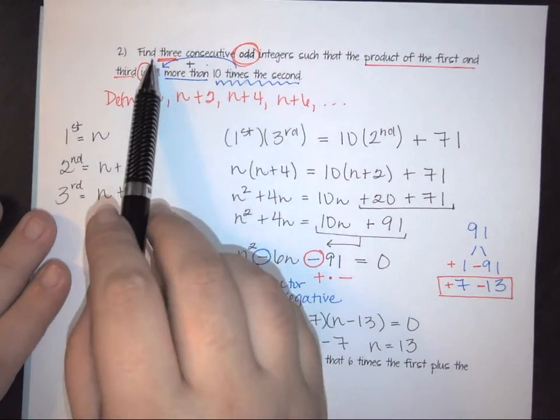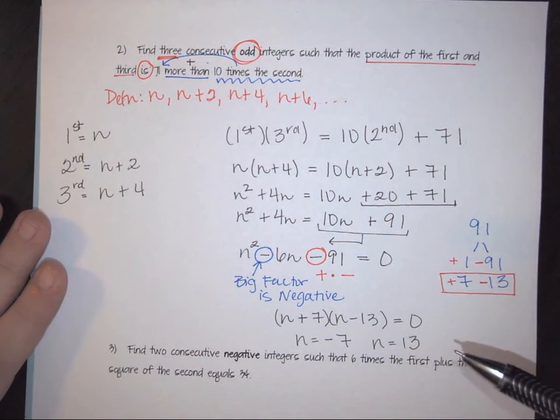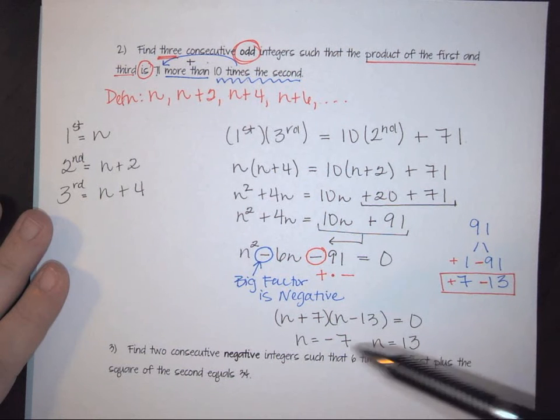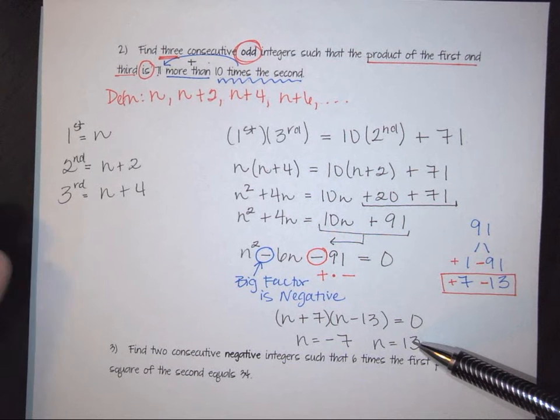So again, if we look at this, it does not tell us anything about this required sign. So I have these two options, which means both options have to be taken into account.